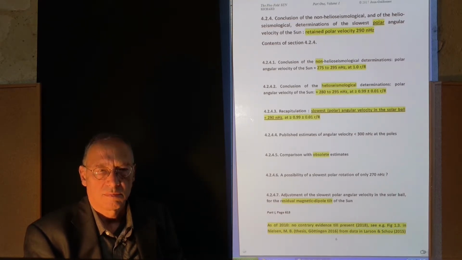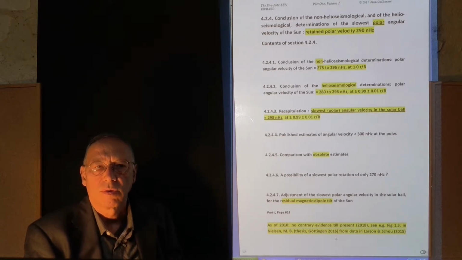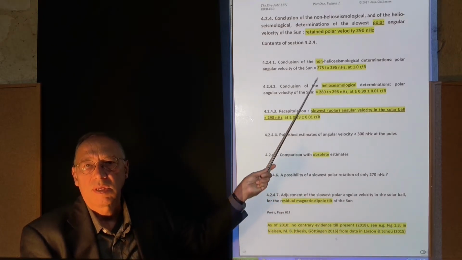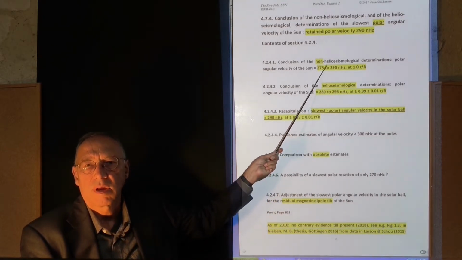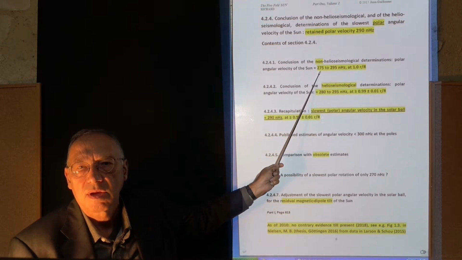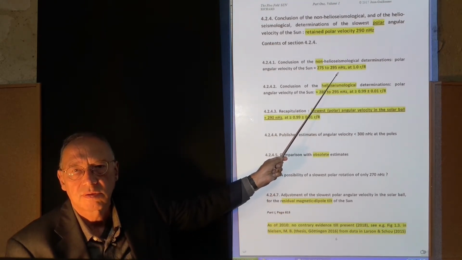But with some extrapolation, the differential rotation equation results are also discussed in the literature. We see these non-helioseismological determinations, that is at the solar surface itself. They are from 275 to 295 nanohertz.